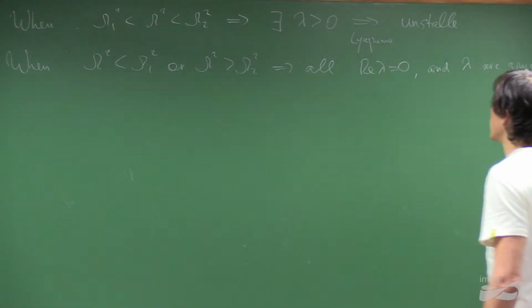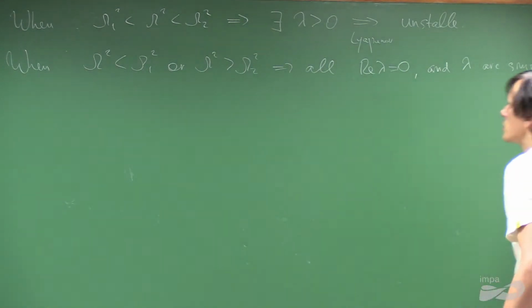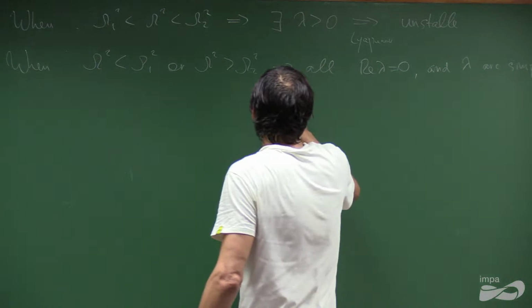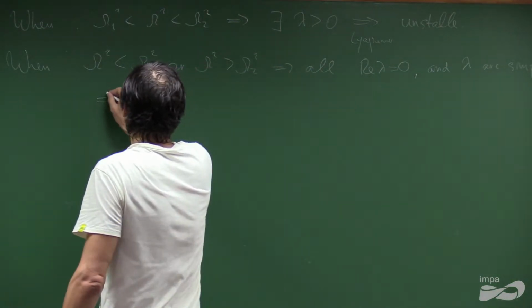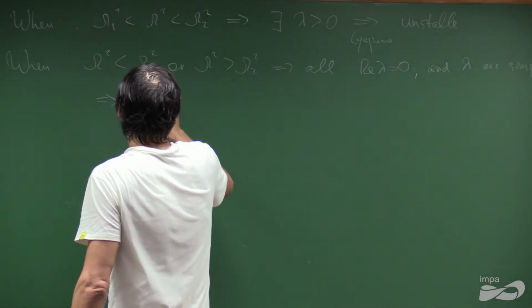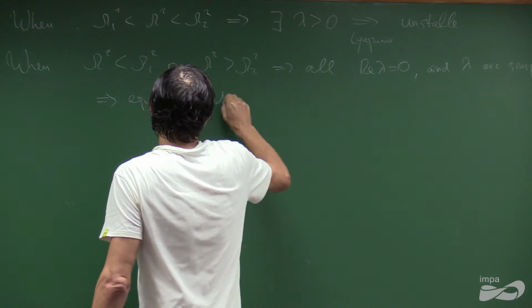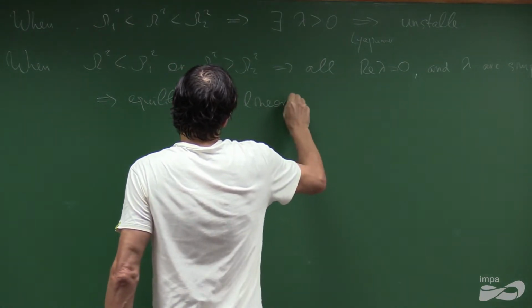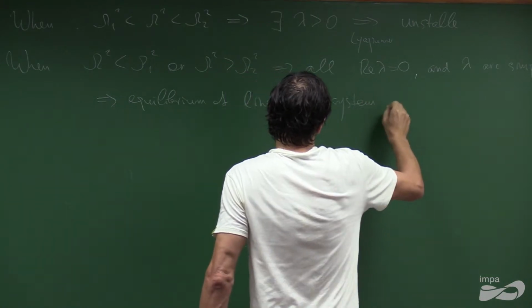Remember that there are no Jordan blocks. So all are 0 and lambdas are simple, which means that the equilibrium of the linearized system is stable.